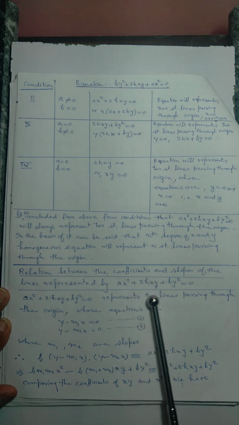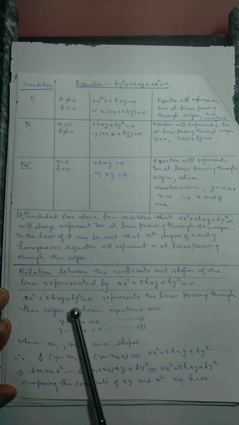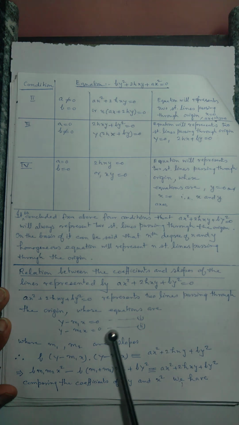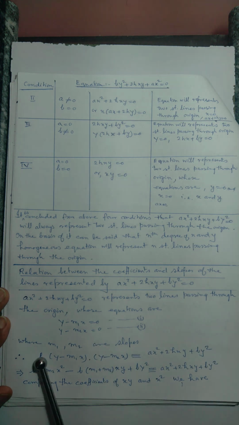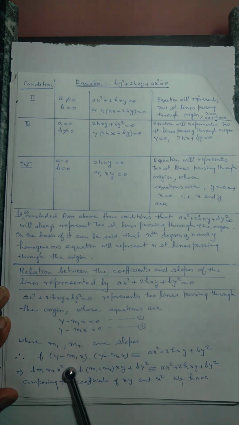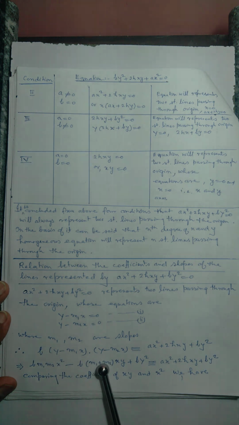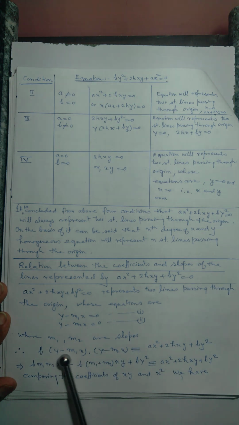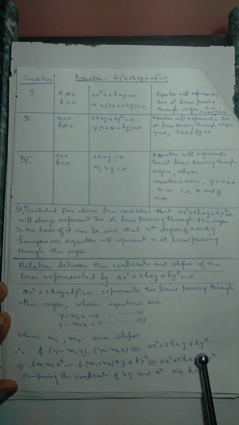This equation will represent two straight lines passing through the origin, whose equations are y − m1x = 0 and y − m2x = 0, where m1 and m2 are the slopes. Therefore b(y − m1x)(y − m2x) will be equivalent to ax² + 2hxy + by².